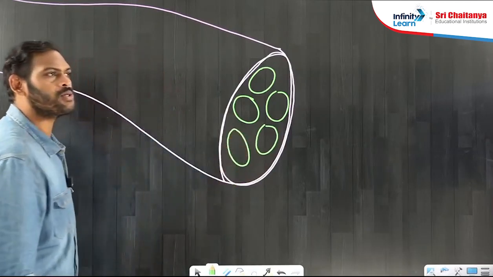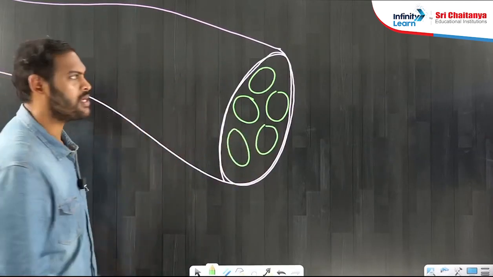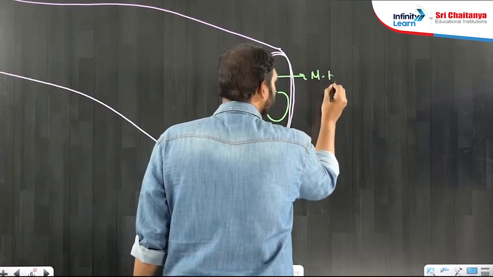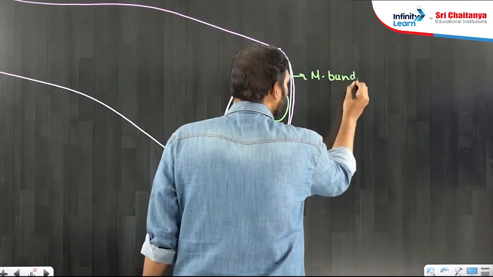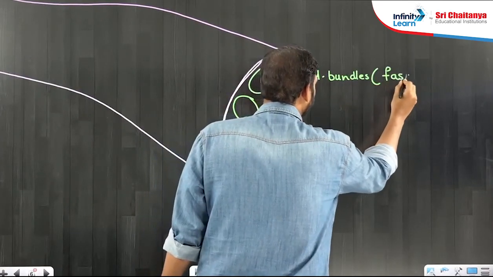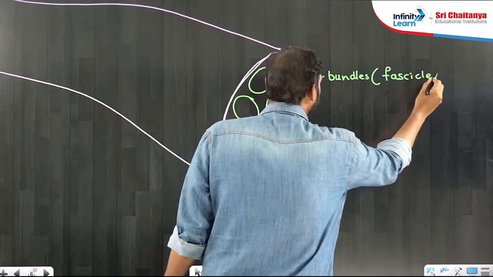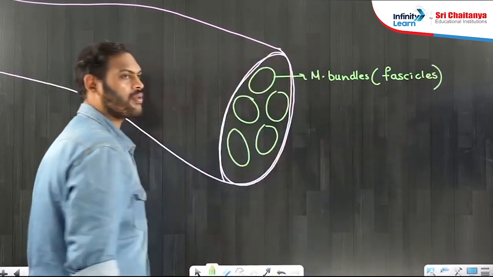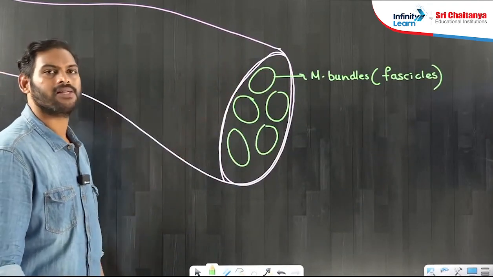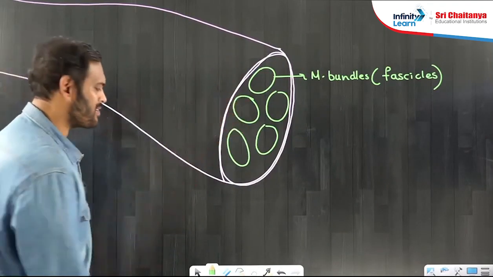Muscle bundles are called fascicles. There were many fascicles, right? Muscle encloses many muscle bundles, and muscle bundles are called muscle fascicles.